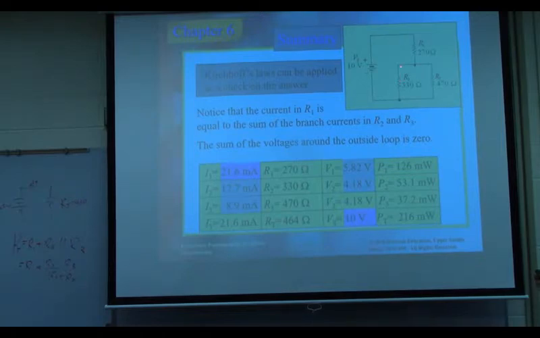I'll give you another hint. Because we know the voltage V2 and V3 are the same, right? How about if we combine these two together first? So these R2 and R3 are parallel.